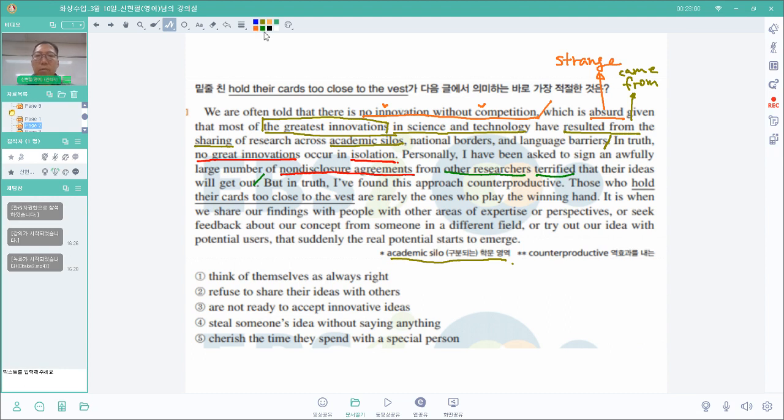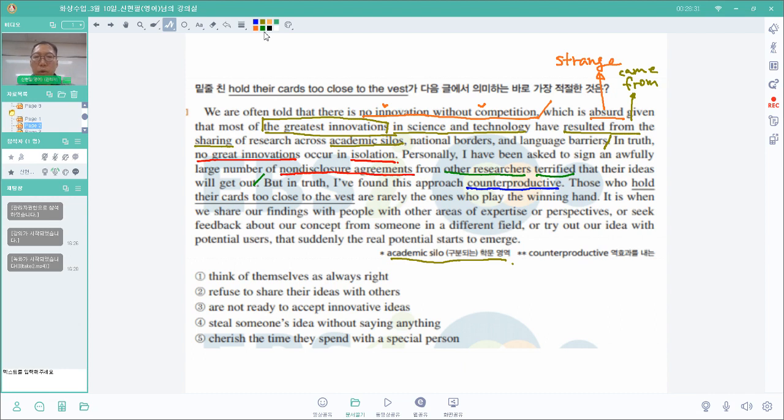But as a matter of fact, in truth, I found this approach counterproductive. So this isolation and competition, according to our writer, is very counterproductive. Those who hold their cards too close to the vest are rarely the ones playing the winning hand. When we play cards, there are some people who hold their cards too close to the vest.